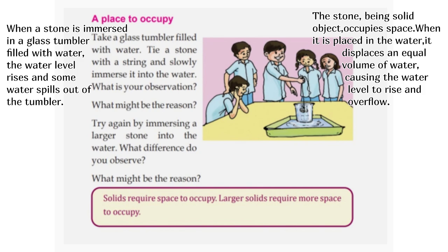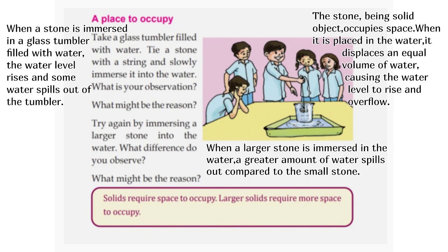Try again by immersing a large stone into the water. What difference do you observe? When a larger stone is immersed in the water, a greater amount of water spills out compared to the small stone. What might be the reason?